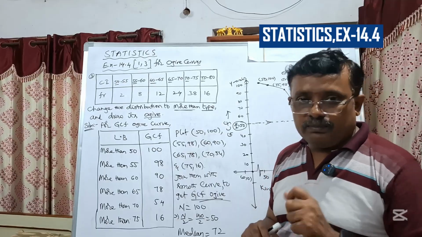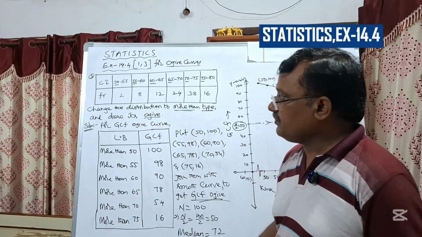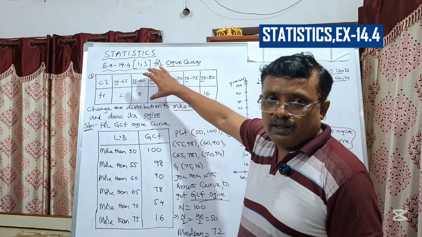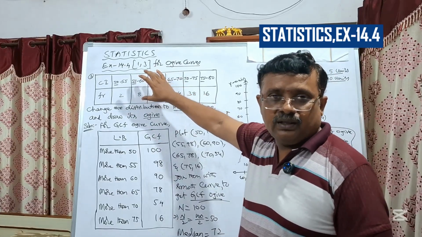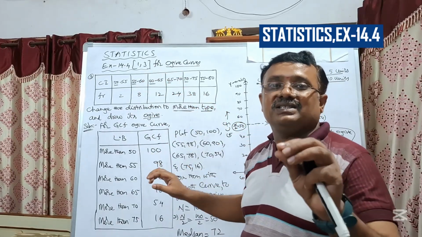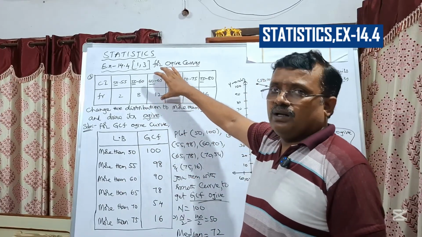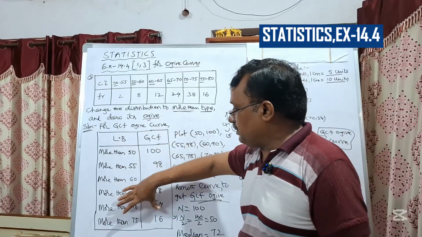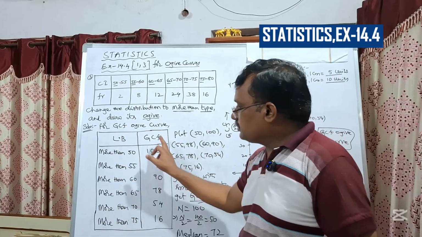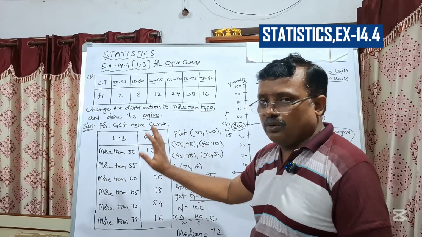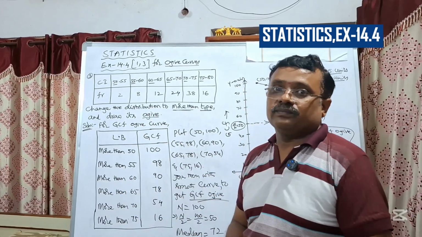Understood? Sometimes for 2 marks they will give you a normal grouped frequency table and ask you just for its more than type table. From the normal table to the more than type table only, they will ask you to prepare. So prepare this table only, enough, you will get 2 marks.